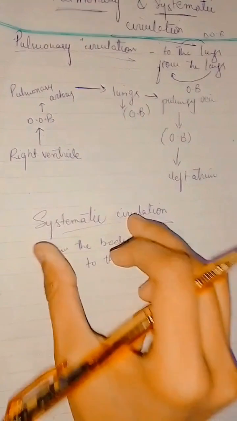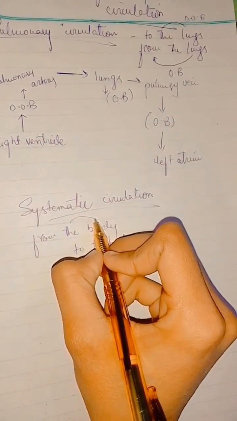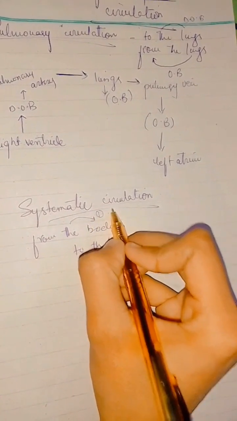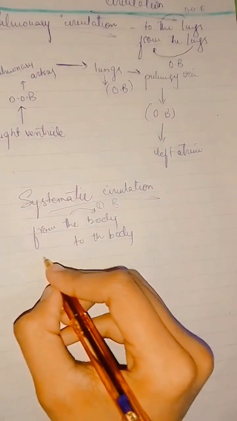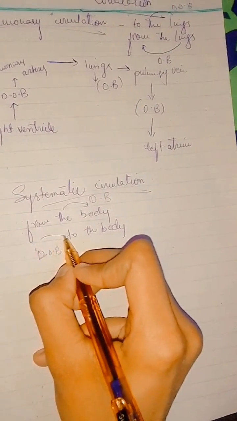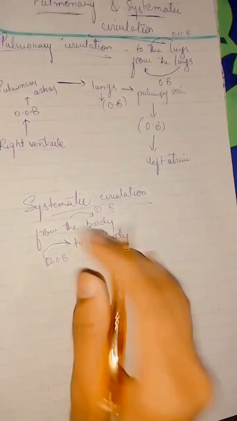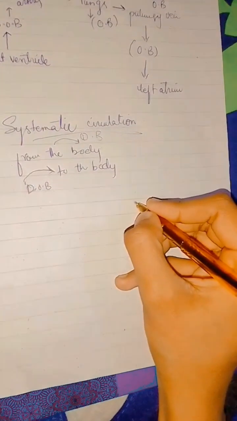Oxygenated blood will move from the heart to the body, and the deoxygenated blood will move from the body to the heart. Now let's see how that circulation works.